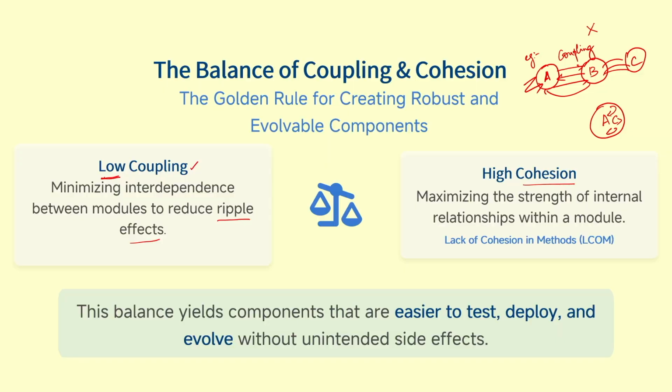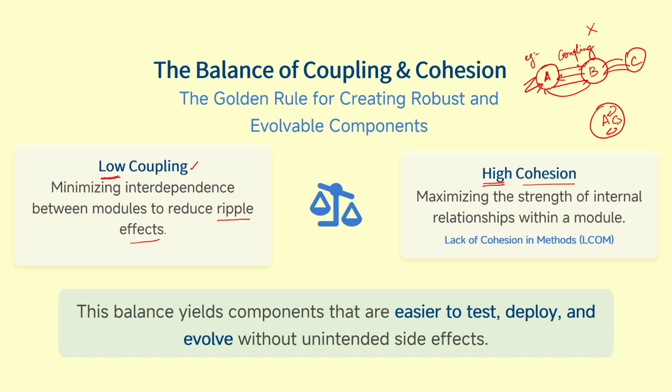Cohesion, we have understood, is the interaction within the module. When you have interaction within the module itself, it is not going to have any problem in case of refactoring, so it is good that you should have high cohesion. You have to maximize the strength of the internal relationships within the module.